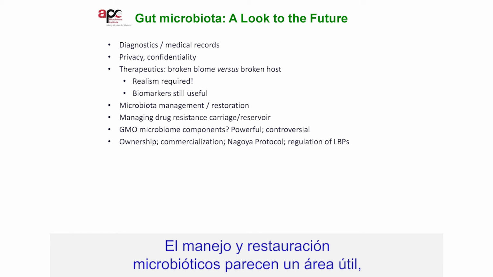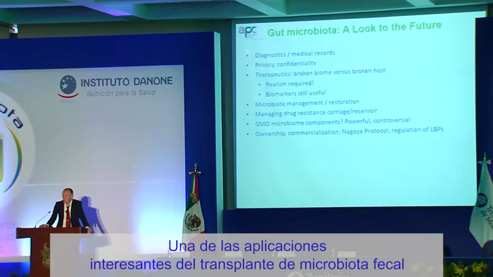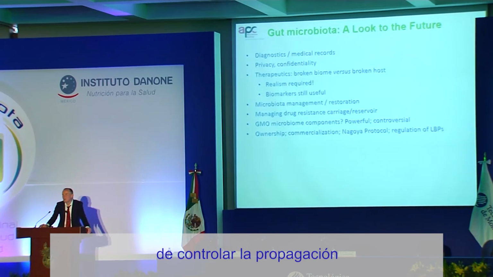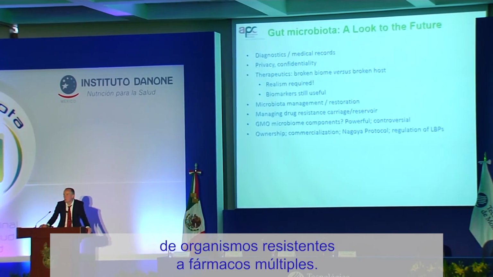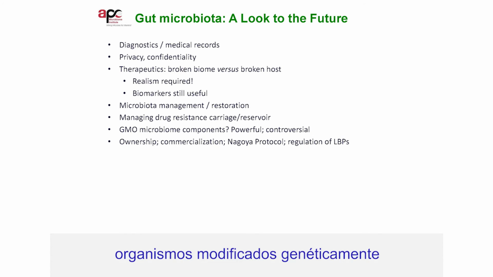Microbiota management and restoration seems to be a useful area in, for example, frailty. One of the interesting applications of FMT is that there seems to be prospects for controlling carriage of multi-drug resistant organisms. Already people have developed and patented genetically modified organisms for human therapeutics.